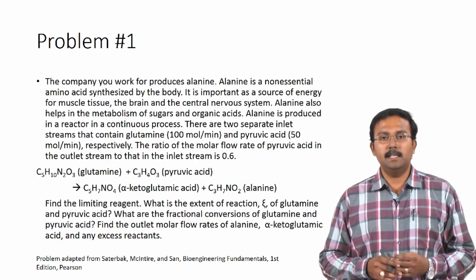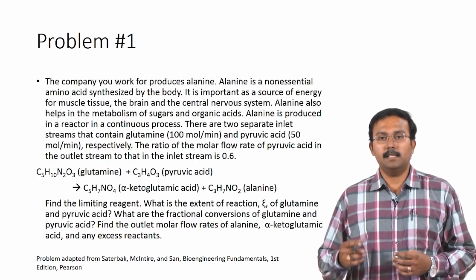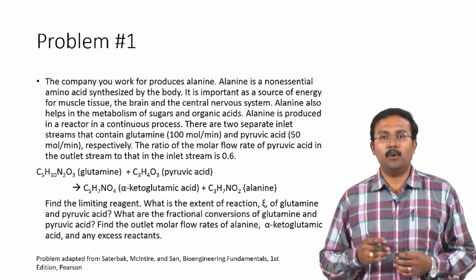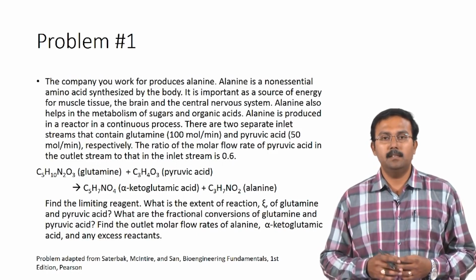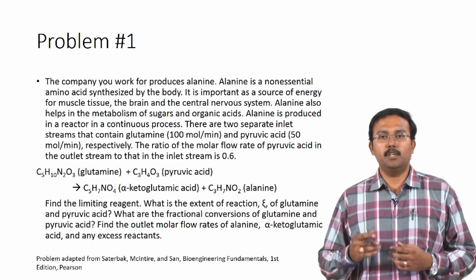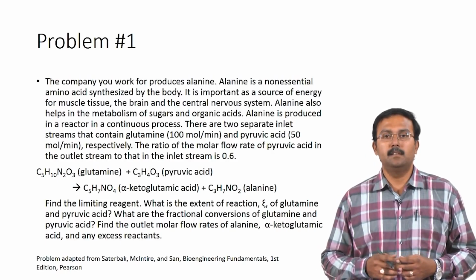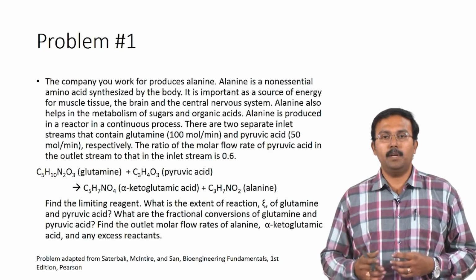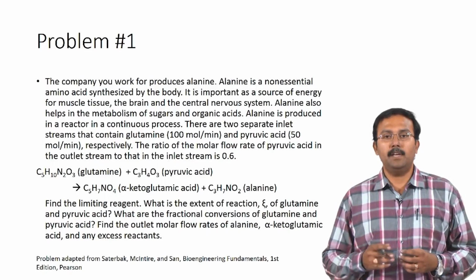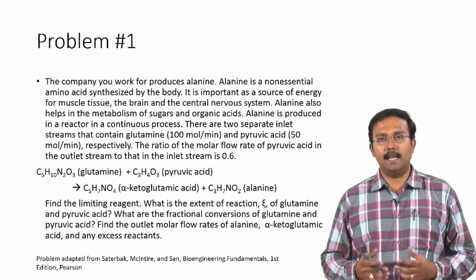Find the limiting reagent. What is the extent of reaction xi for glutamine and pyruvic acid? What are the fractional conversions of glutamine and pyruvic acid? Find the outlet molar flow rates of alanine, alpha ketoglutaric acid and any excess reactants.